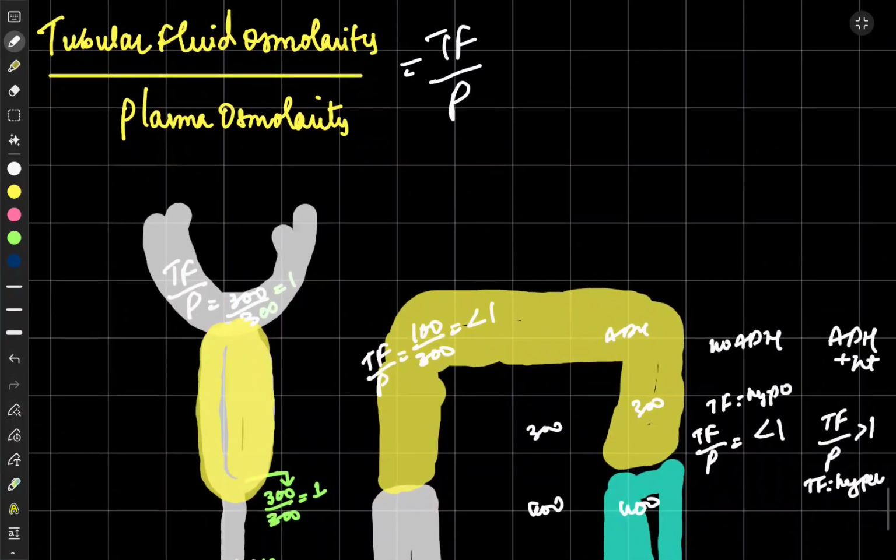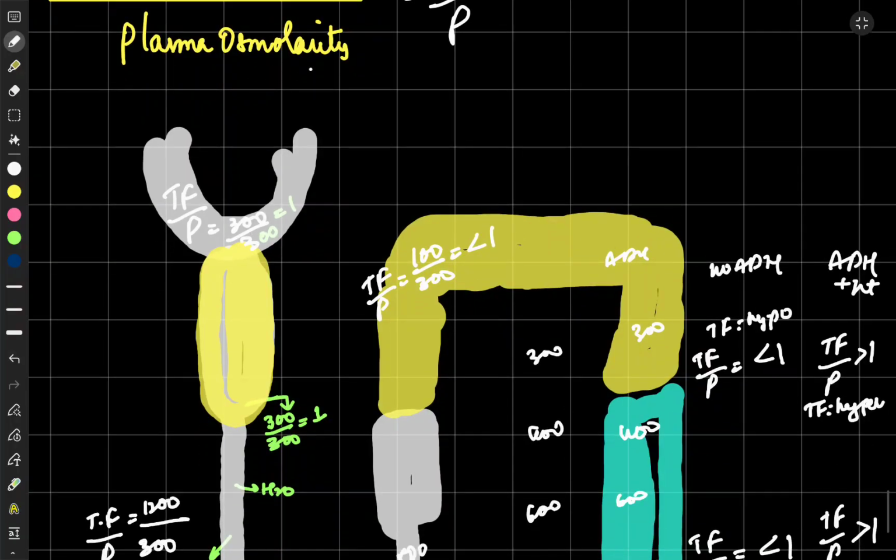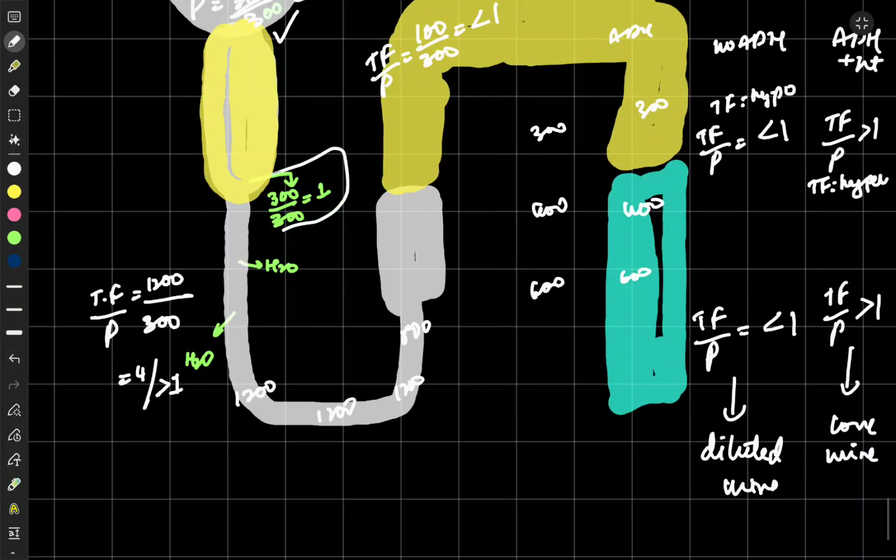Now we talk about something called tubular fluid osmolarity by plasma osmolarity. Here, as you can see, tubular fluid osmolarity and plasma osmolarity are equal, so the ratio is 1, and it is 1 even at the end of the PCT.